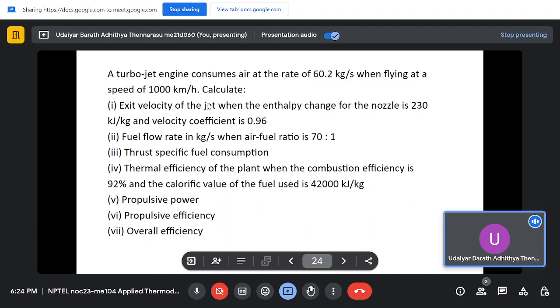So they have given the inlet velocity of air, the inlet rate of air which is coming in, and the speed. We have to calculate the exit velocity of the jet when the enthalpy change for the nozzle is 230 kilojoule per kg and the velocity coefficient is 0.96.